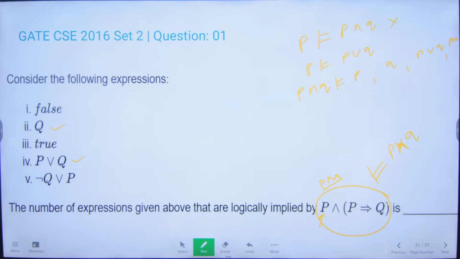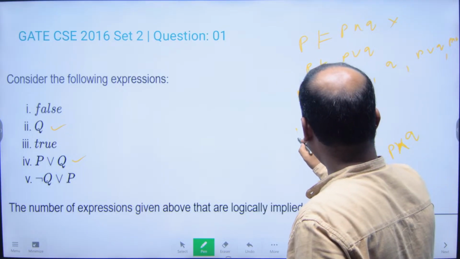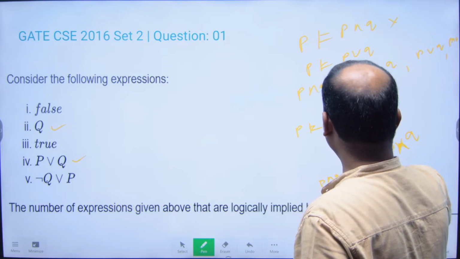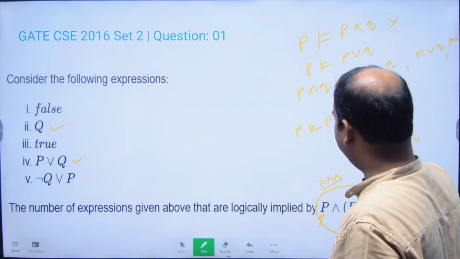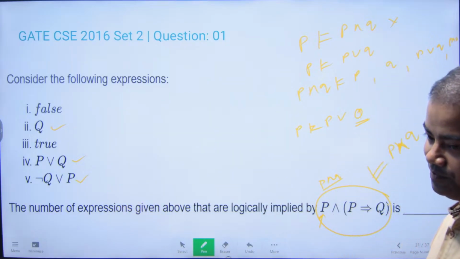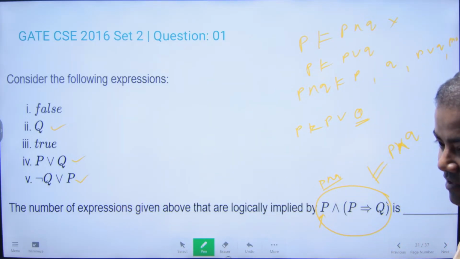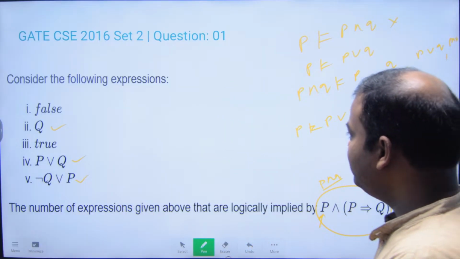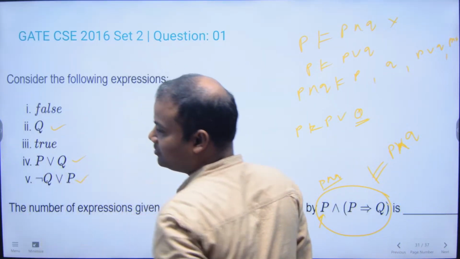Yes. Why? Because from P you can conclude P or anything, means P or Q or Q bar or anything. So P is true, you know, so that's why you can conclude this also. Is it clear? So these three things definitely you can conclude. Now, what about true and false?